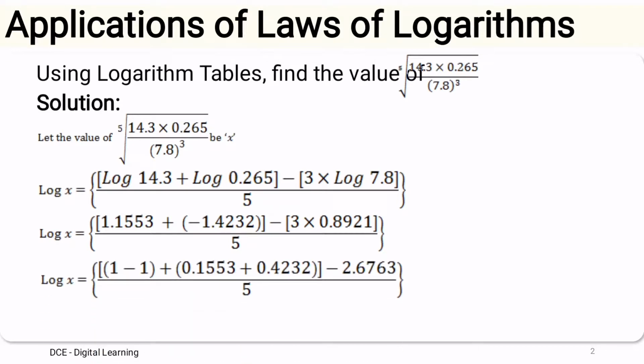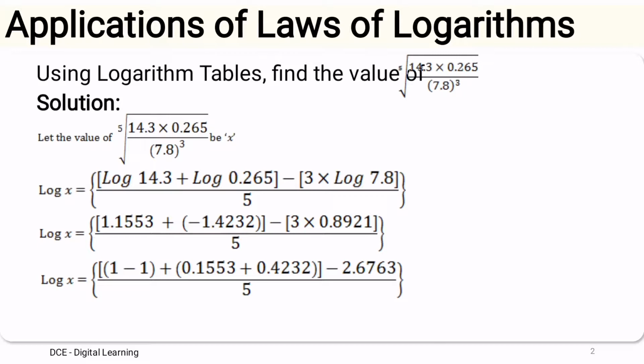When there are negative characteristics, we have to separate characteristics on one side and mantissas on the other side. So characteristic plus 1 minus 1 on one side, mantissa 0.1553 plus 0.4232 on the other side.